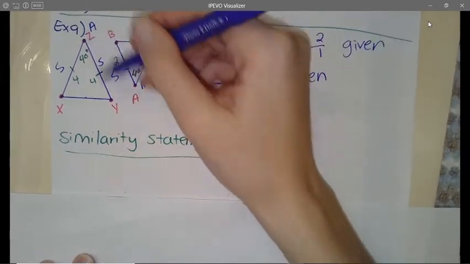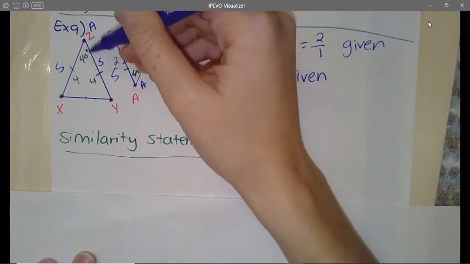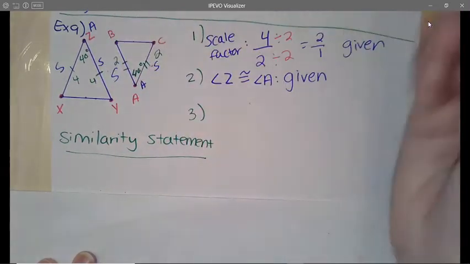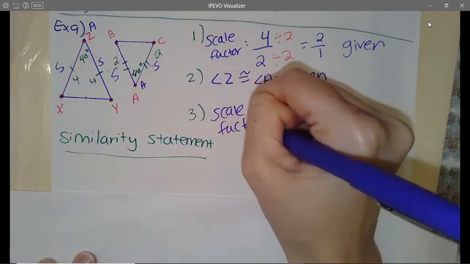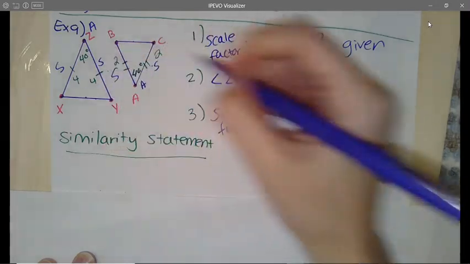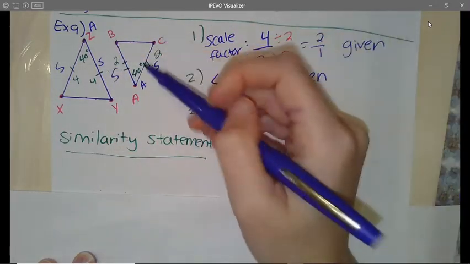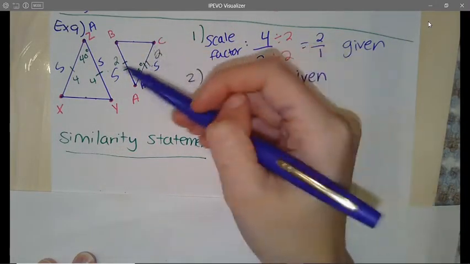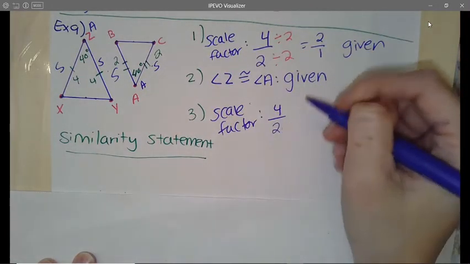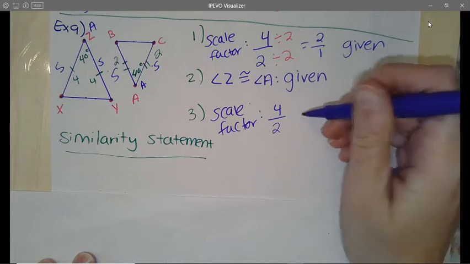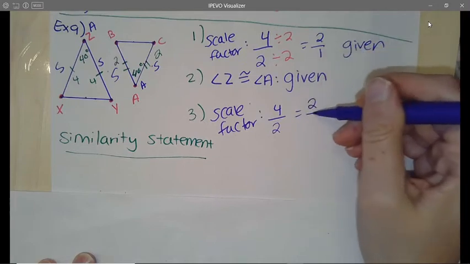Okay, so now I'm going to start with side ZY, which I said was 4. So we're going to find our other scale factor. I have a 4 over the other side, which again, they're both the same, so it really doesn't matter, but that's going to be side AC, which is 2. And 4 over 2 will reduce down, we already know, to 2 over 1.